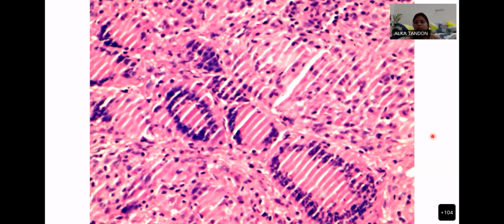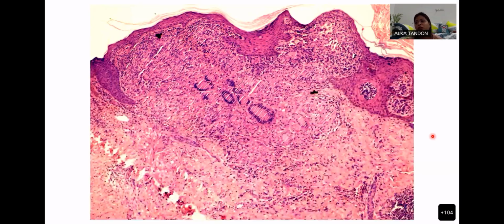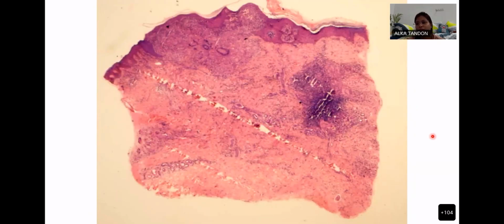So this gives the impression of a granulomatous lesion, giving us the differentials of leprosy or tubercular granuloma. The third one will be sarcoidosis, as there is no prominent area of necrosis seen. It can also be a case of deep fungal infection. These are my differentials. Okay, good.